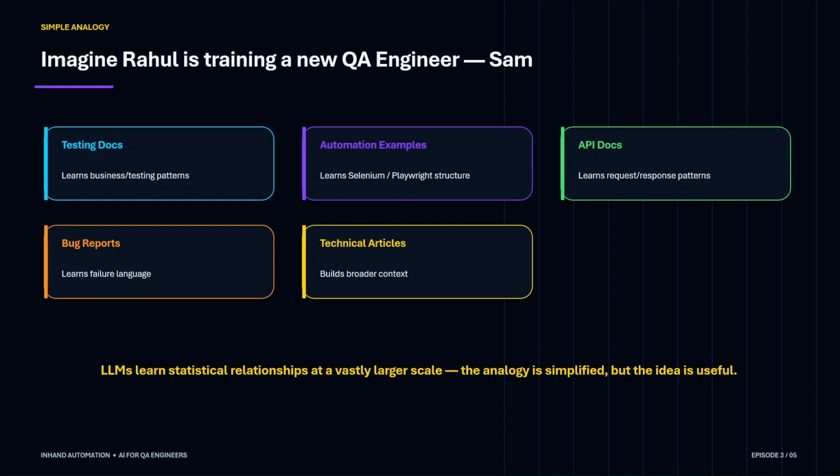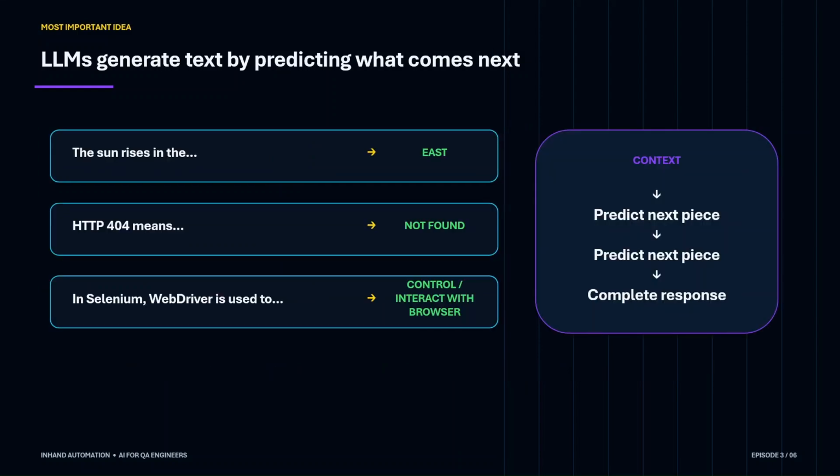He learned that HTTP status code 404 means a resource is not found. He learned that when someone says generate a negative login scenario, they probably expect a scenario involving a wrong password, invalid credentials, and all those things. So during training, the model learns statistical relationships and patterns the same way Sam started learning.